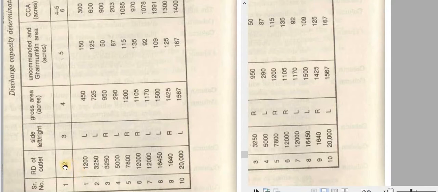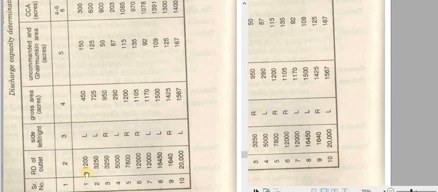So for example, on the canal there are multiple outlets which are offtaking from that canal. The first outlet is at 1200 feet on the left side. The second outlet is at 3250 on the left side and 3250 on the right side. At this point, only at 1200 feet from the canal head, reduced distance. Reduced distance means the distance from where the canal is offtaking.